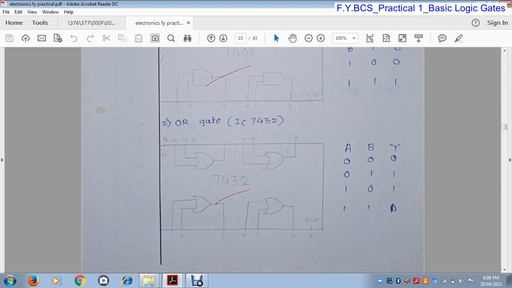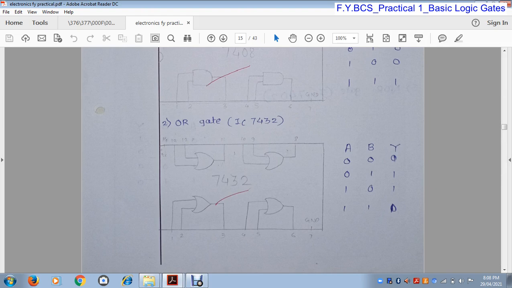Now pin number 9 and 10 are inputs to the third OR gate and pin number 8 is the output of the third OR gate. Pin number 13 and 12 are the inputs of the fourth OR gate and pin number 11 is the output of the fourth OR gate, and pin number 14 is VCC.